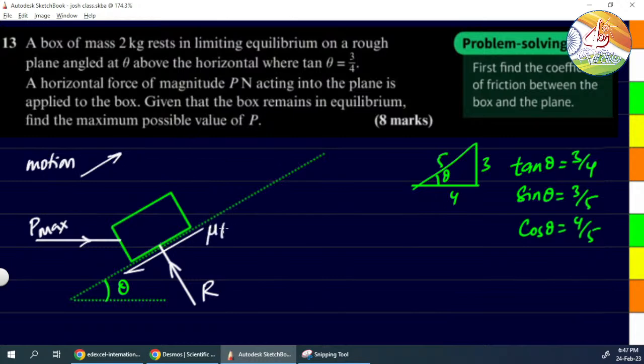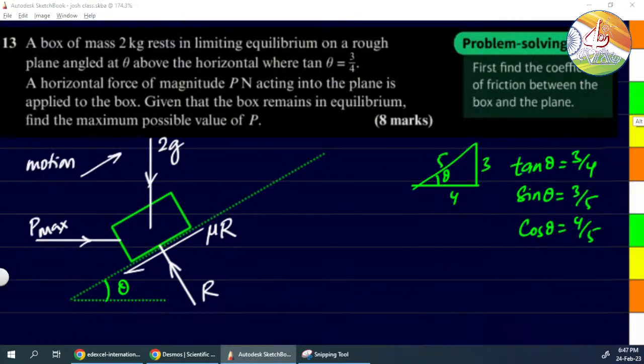This will be in limiting equilibrium. Then the downward force, that is the weight. The mass is 2 kg, so 2g is the weight. Anything else? That's it.